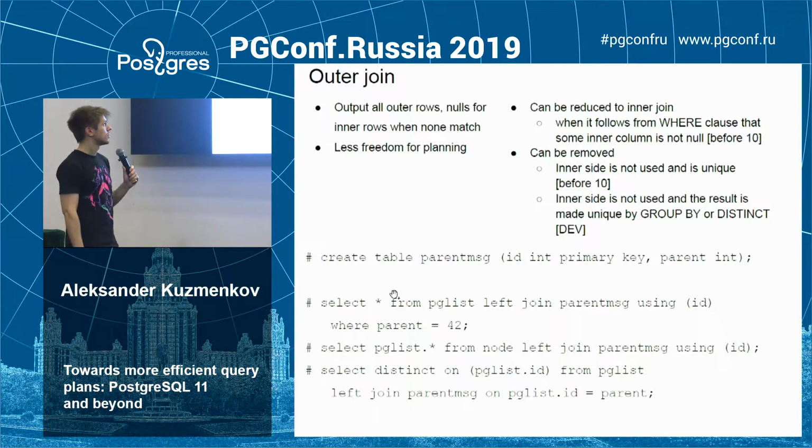Left join can be reduced to inner join, and Postgres can do that, and we have inner join instead of outer join in this case. What else can be applied? It happens that when the inner side of the join is unique and is not used, so we select PG list.